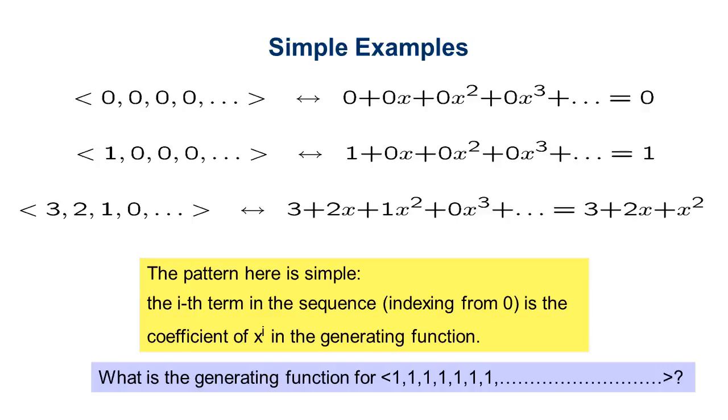Now 1 1 1 1, what will be the generating function of this? It will be 1 plus x plus x square plus x cube, since the coefficients of all the terms are 1. So this will be 1 plus x plus x square plus x cube, in this way.